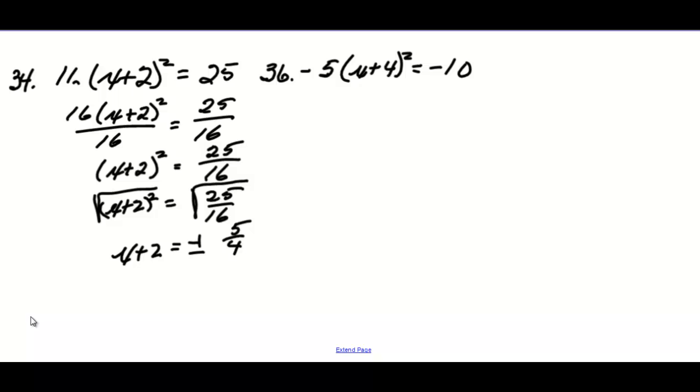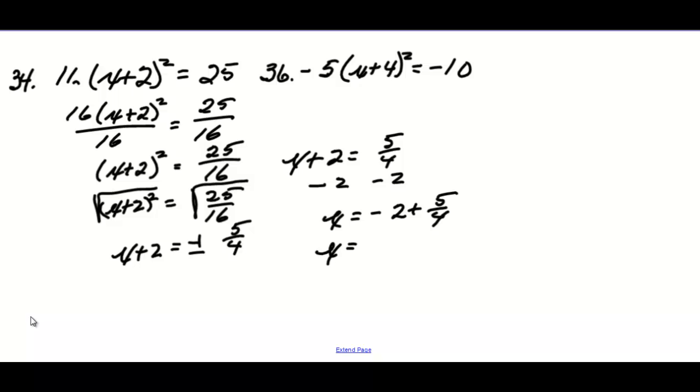Now let's say if x plus 2 is equal to a positive 5 over 4 and we subtract 2 from both sides, we'll get x equals negative 2 plus 5 over 4.